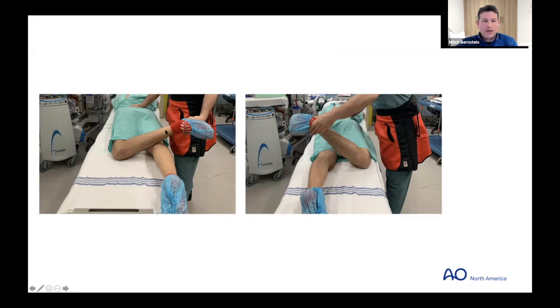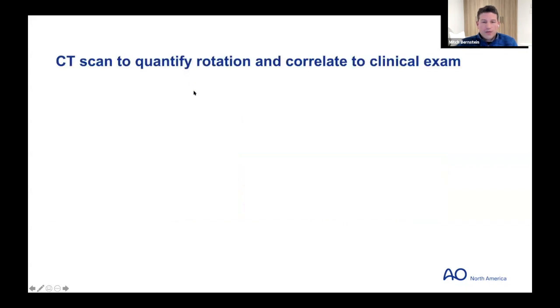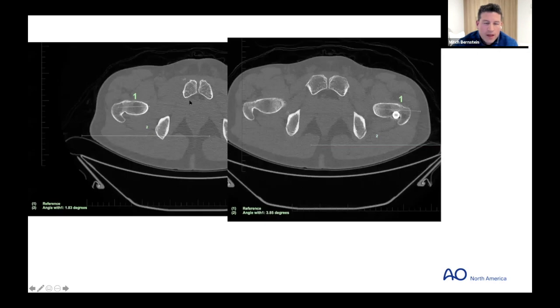This is the amount of external rotation he's already hitting, and potentially a little bit more because his leg is blocking. Here's the normal side. He has a fair bit of external rotation, but clearly it's asymmetric. He really was bothered by it, so I said, let's get a CT scan to quantify this clinical exam.